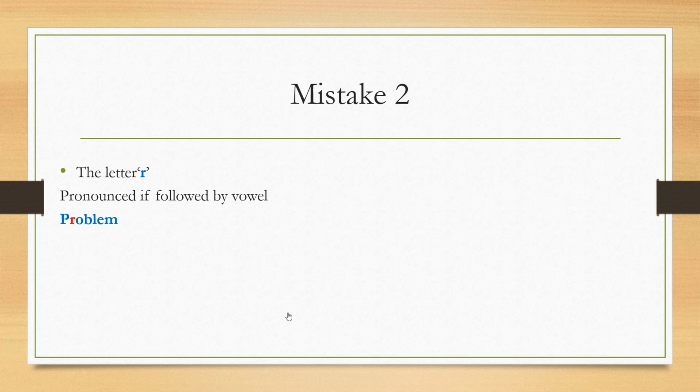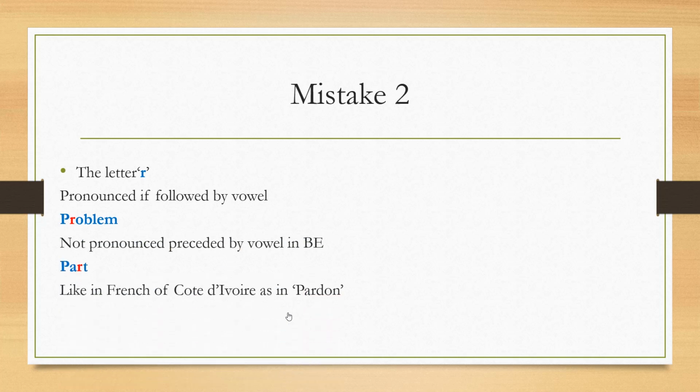Okay, so we pronounce the letter R when it's followed by a vowel, and this is in British pronunciation and in American pronunciation. But in British pronunciation, when it is preceded by a vowel, we don't pronounce it, such as in part. We don't pronounce it in British English, but in American English, it is pronounced.